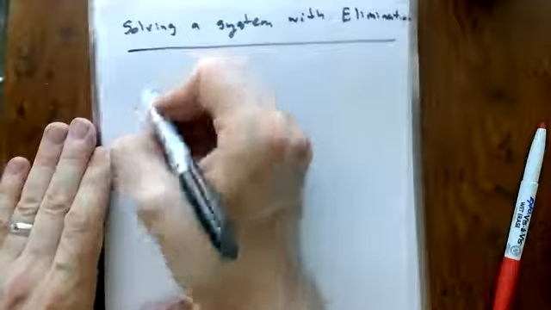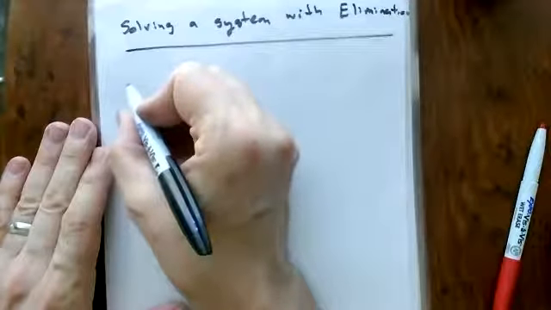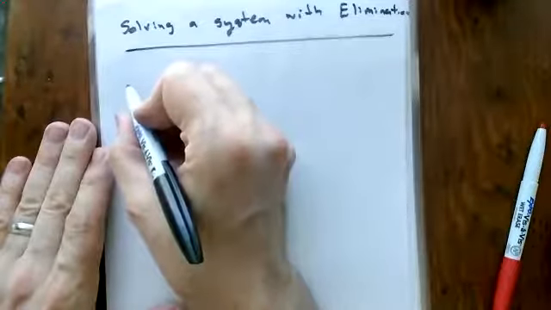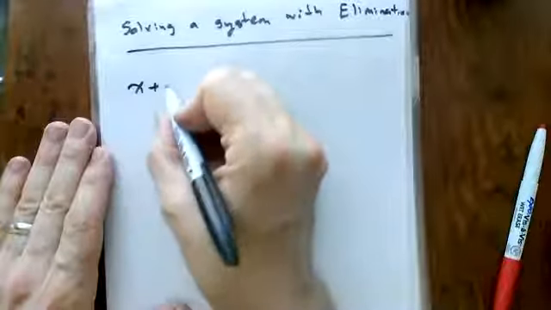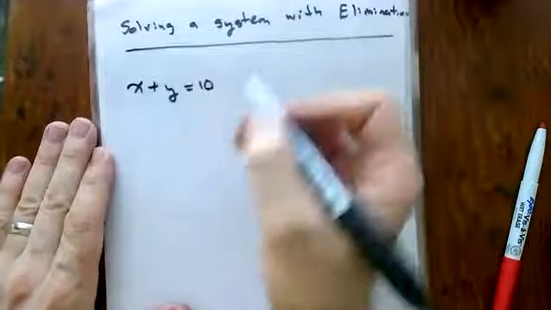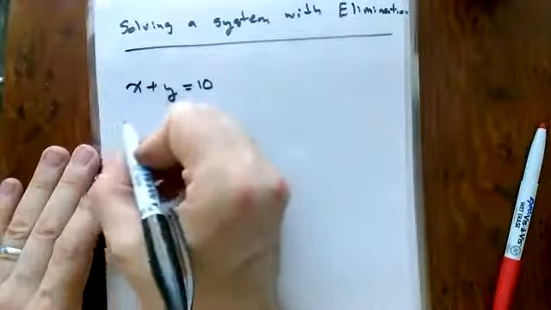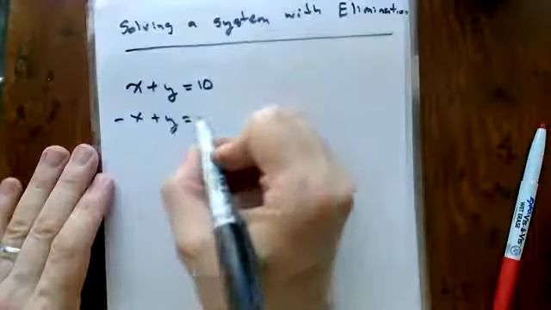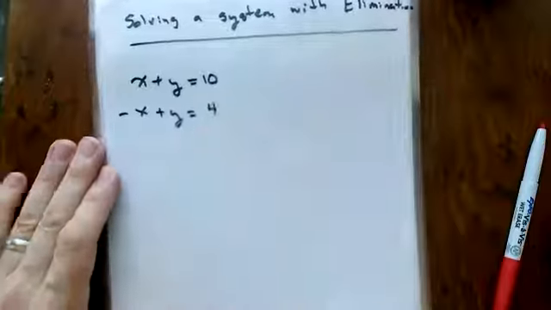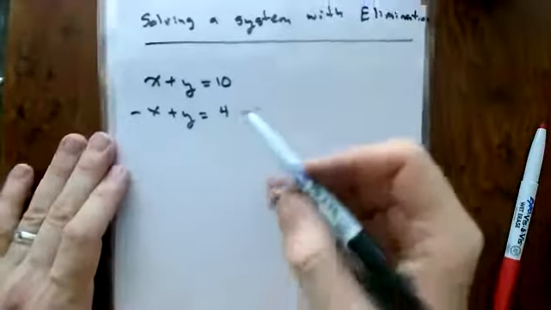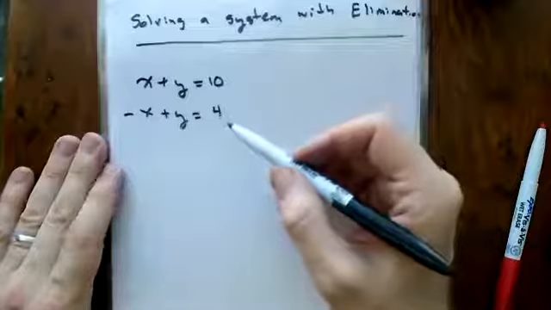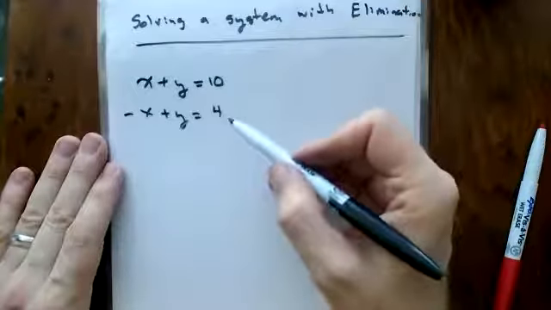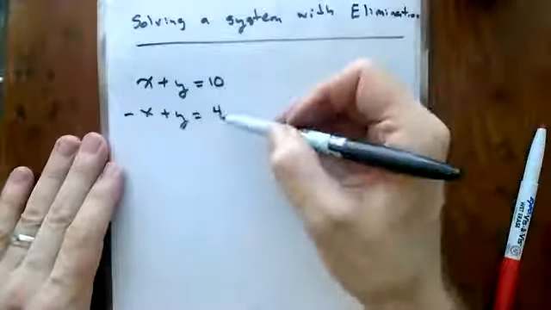So say I've got a system of equations that I'm going to start with something fairly simple, like x plus y is equal to 10, and negative x plus y is equal to 4. As long as I add the same thing to both sides, the system will remain valid.